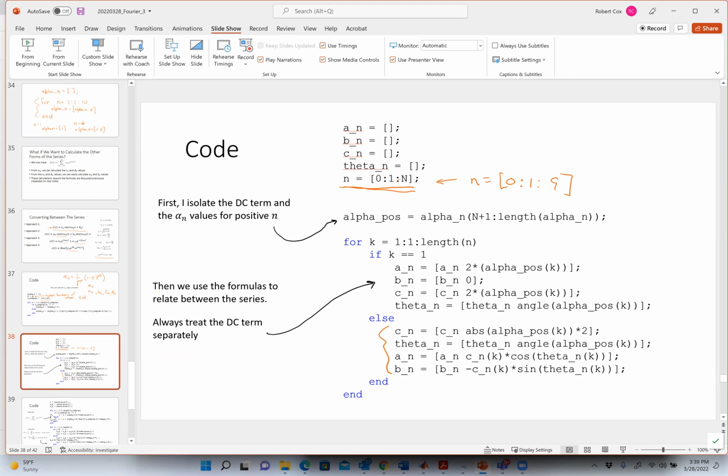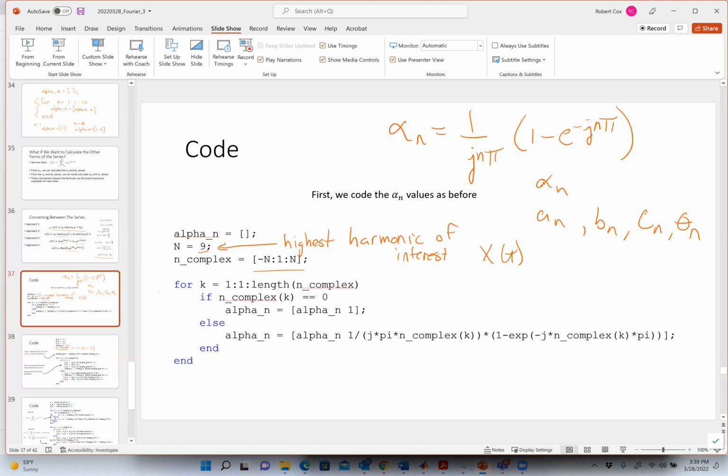So what have I done? I've said C of n is equal to whatever my C of n vector already has, and then I added to that abs of alpha positive of k times 2. What am I doing there? I'm taking the magnitude of the alpha value times 2. Where did that come from?